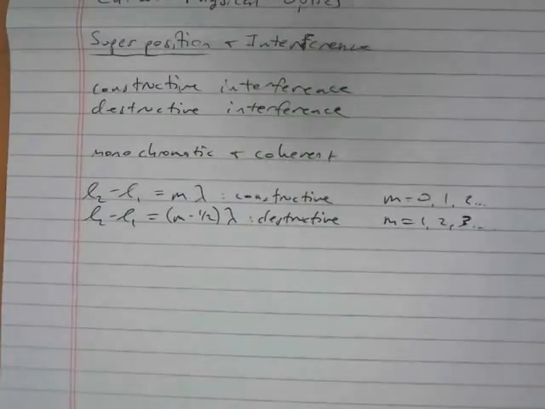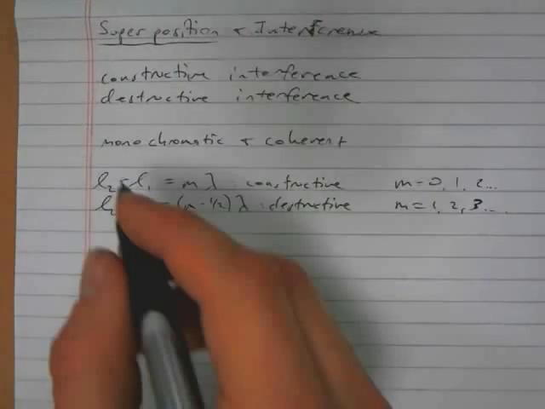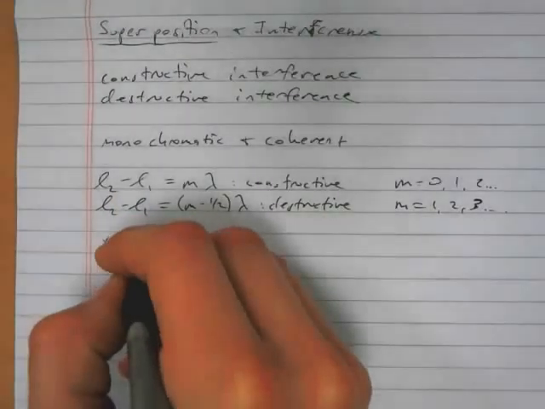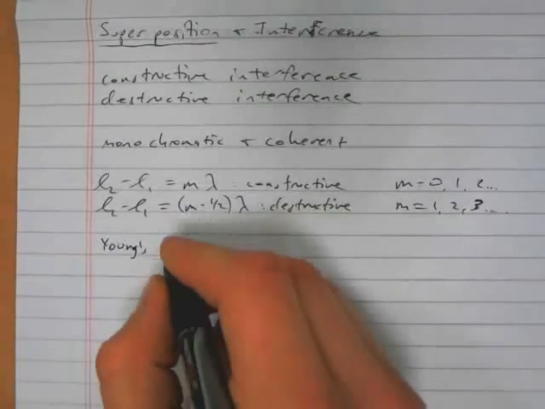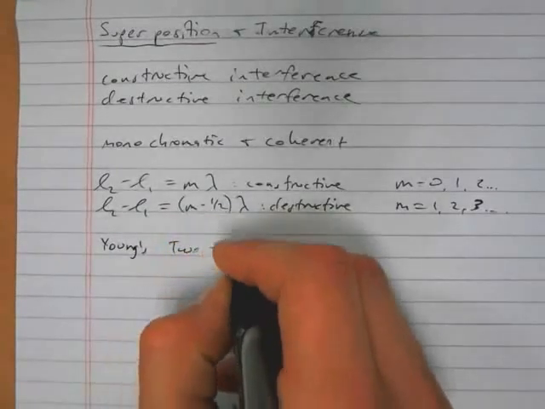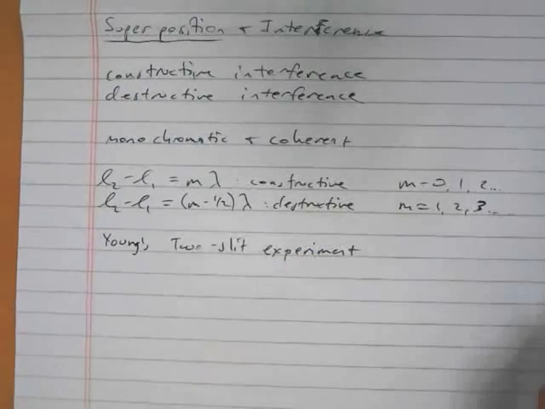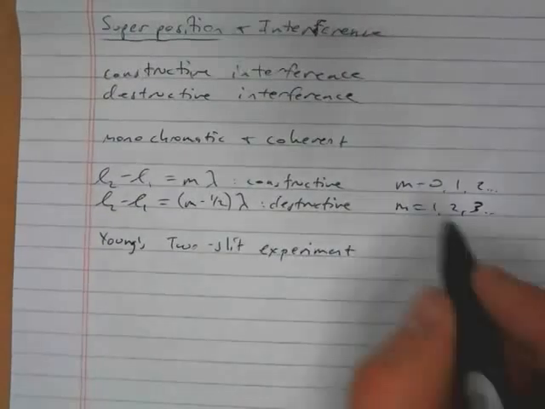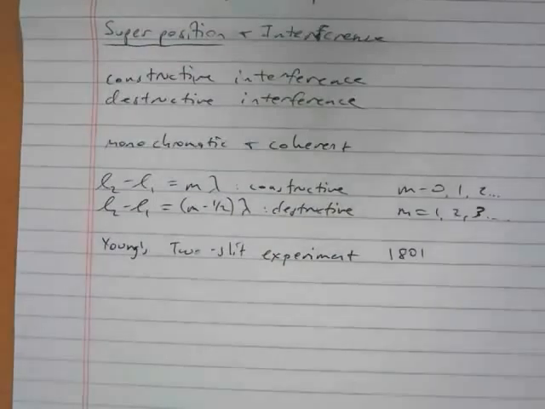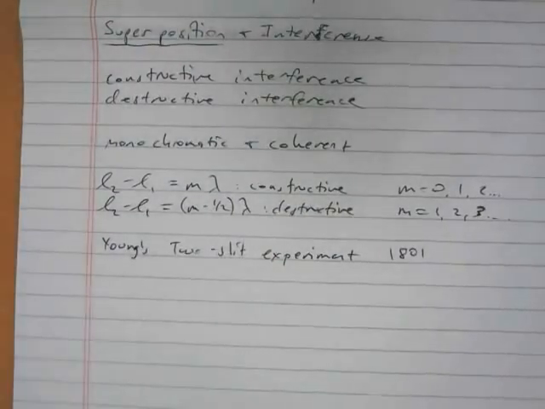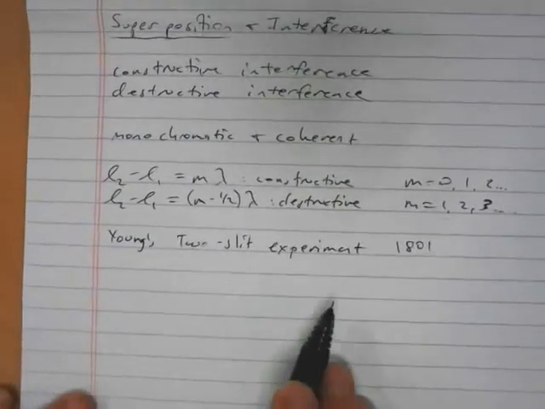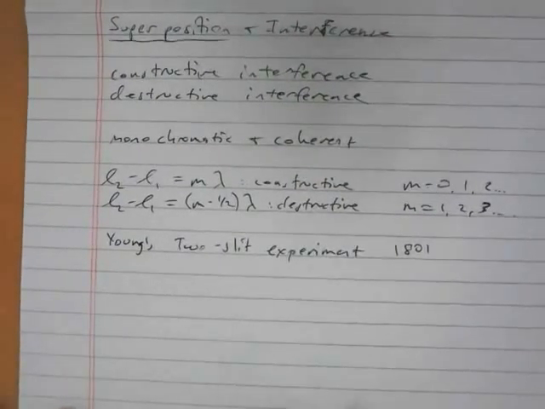A classic example that shows interference is what's called Young's two-slit experiment. And this was performed by Thomas Young in 1801. And this, for a long time, was thought to be conclusive proof that light was a wave.